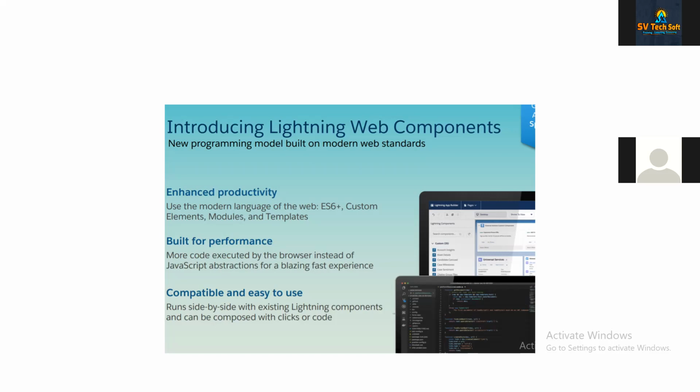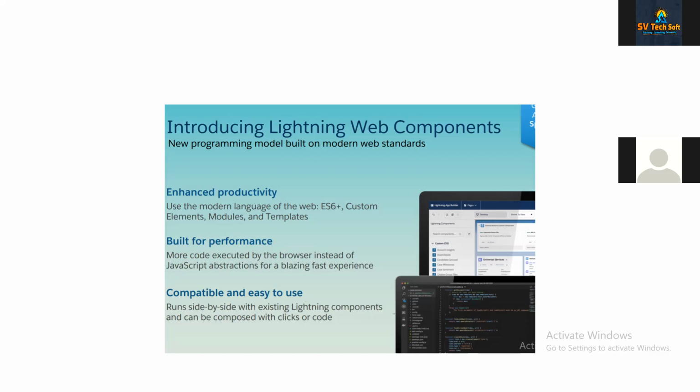One more important feature of LWC is that it is open source. When I say open source, it means that there can be any server at the backend, and we can use Lightning Web Components just for the UI purposes also. For example, LWC components can be used on Salesforce, but other than that, it can be used across multiple systems.